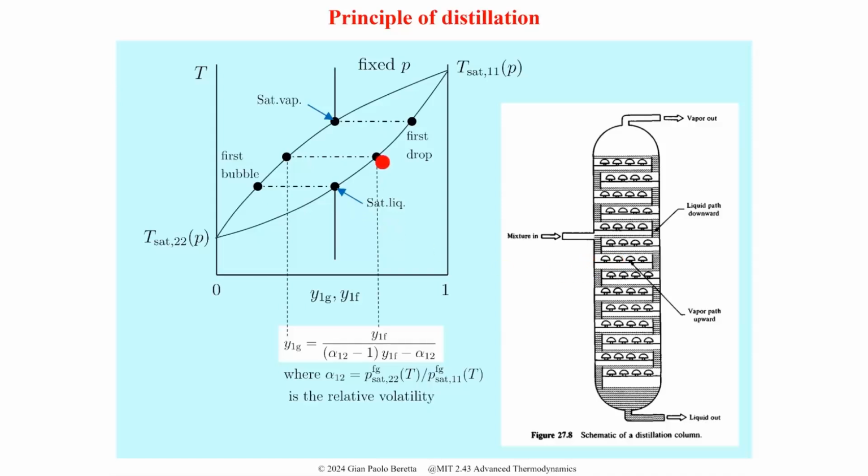And then what you do is you take the liquid and you send it down to another stage, which works at a different temperature. And then you take the vapor and you send it up to condense into the upper stage. And so on.